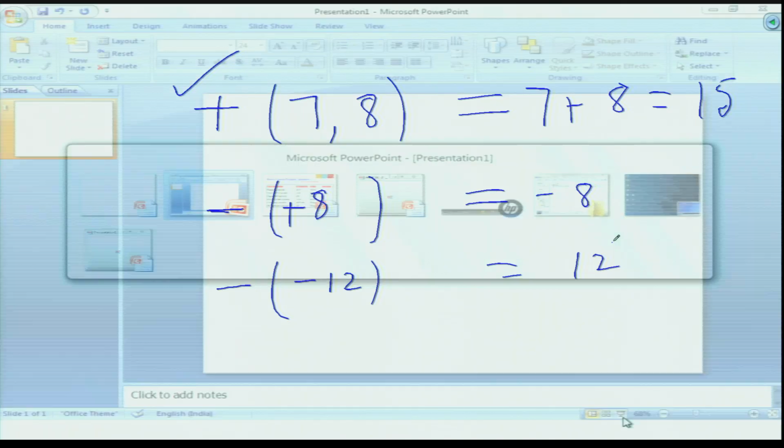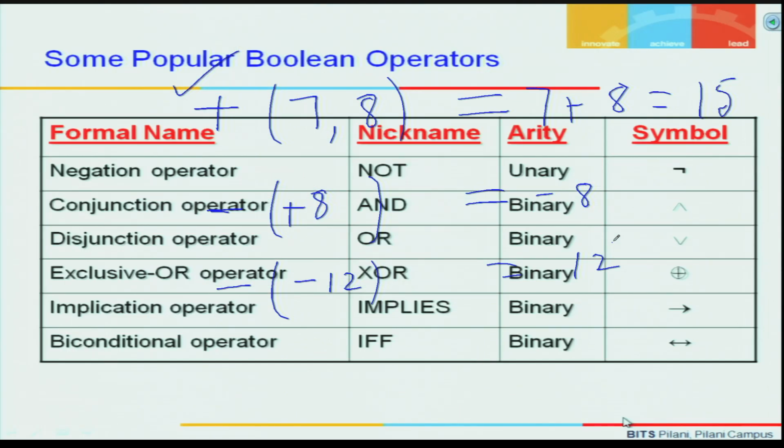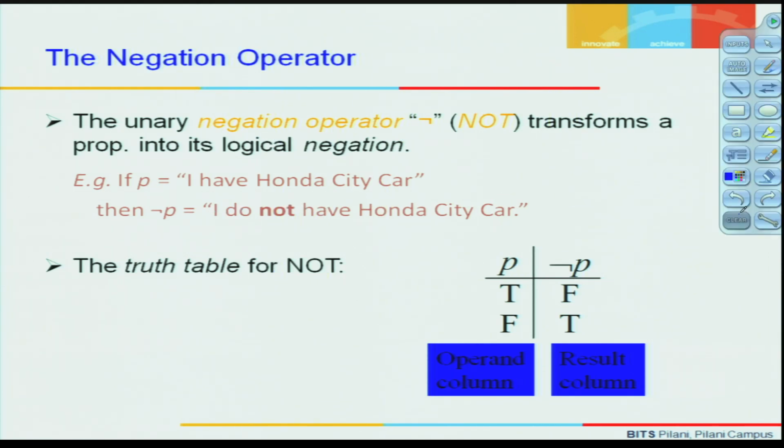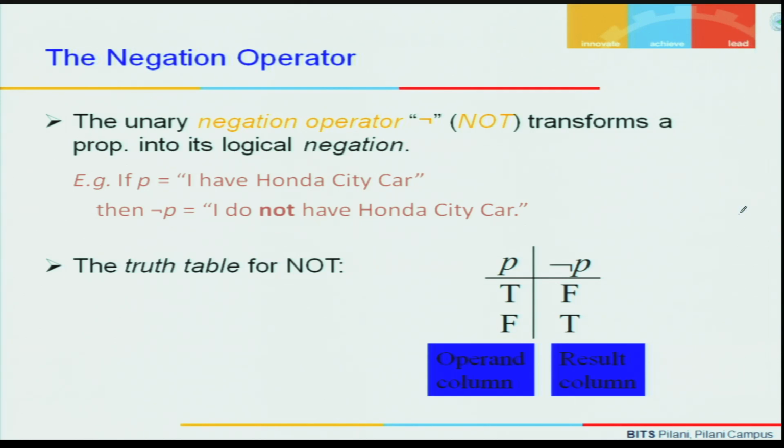Similarly, we will have binary and unary operators on the set of propositions also. We will see one unary operator, that is called the negation operator. How it works is, it transforms a proposition into its logical negation.